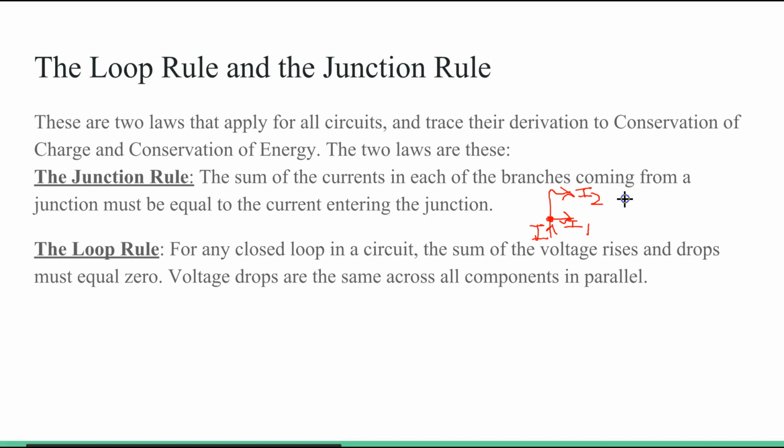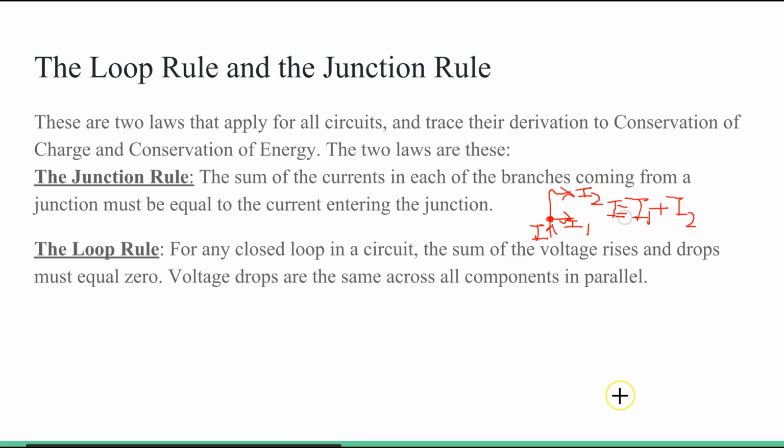Then the sum of I1 plus I2, basically from common sense and from conservation of charge, you can't really lose or gain current, so I1 plus I2 must equal the original current I. So that's basically the junction rule.